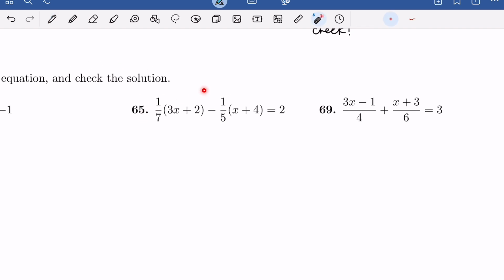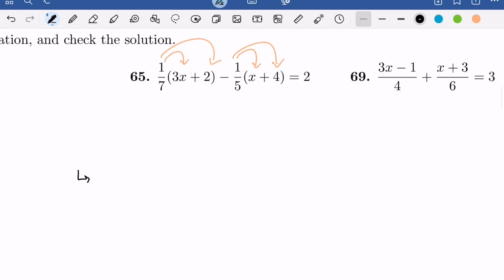Now, moving on to this next one here. In this case, we're going to be doing something similar, but now we need to distribute this fraction here. So this 1/7 is going to be multiplying everything inside of our parentheses here. This -1/5 is going to be multiplying everything in these parentheses as well. So I'm going to leave a space here, and you'll see why in a minute.